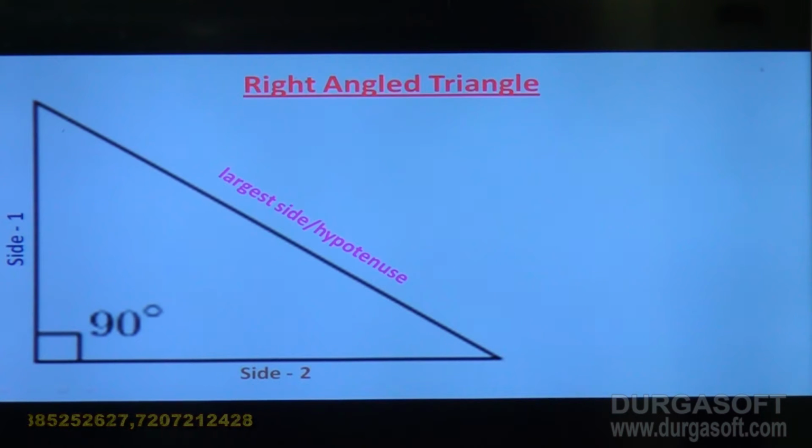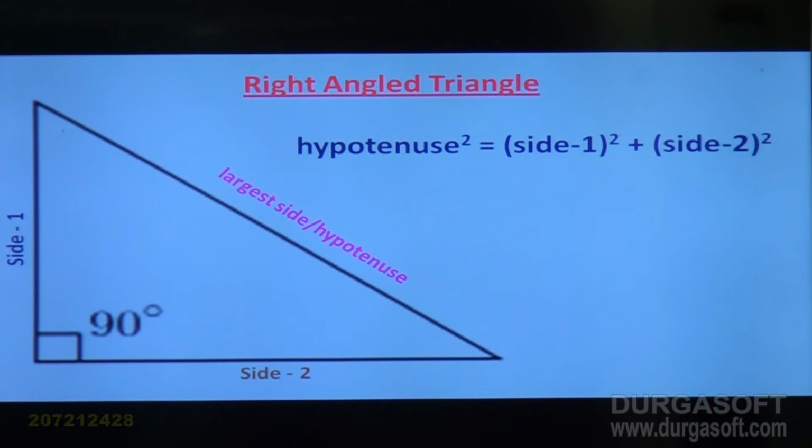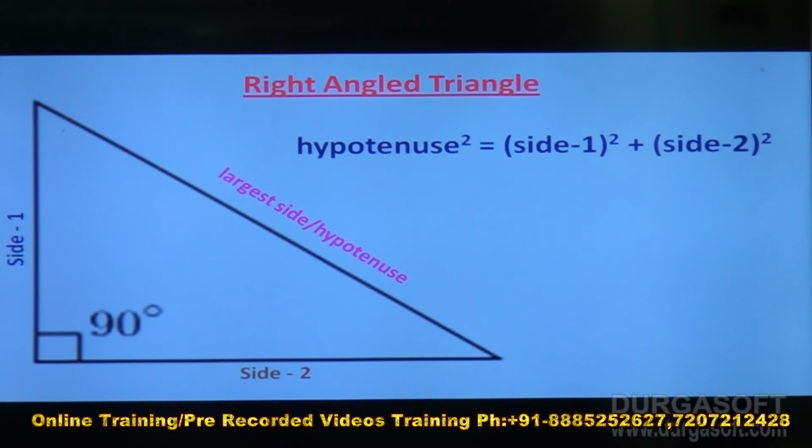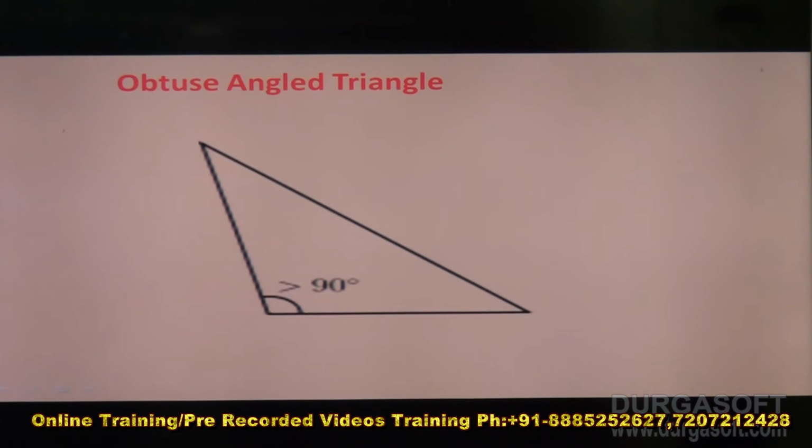So if we discuss the points, this triangle is also related to the Pythagoras theorem, right? So the Pythagoras theorem formally gives us hypotenuse square, in the sense side 3 square, is equal to side 2 square plus side 1 square.